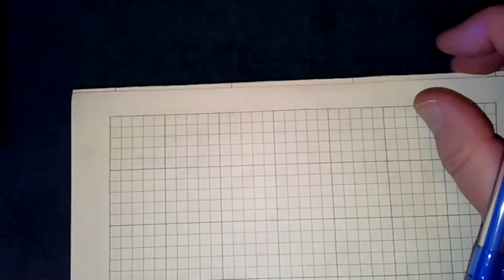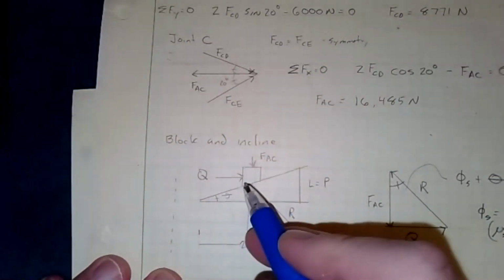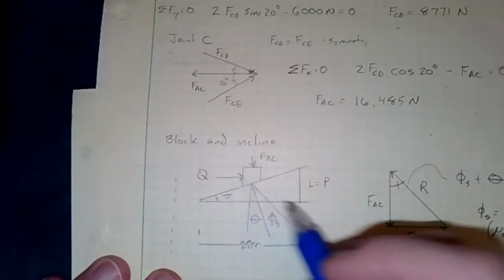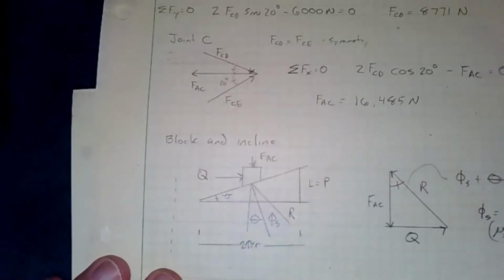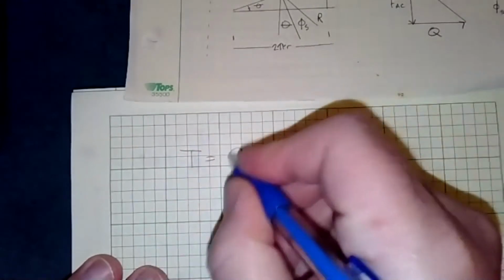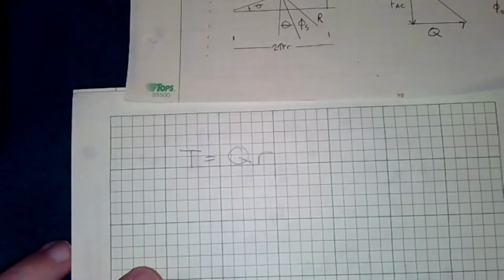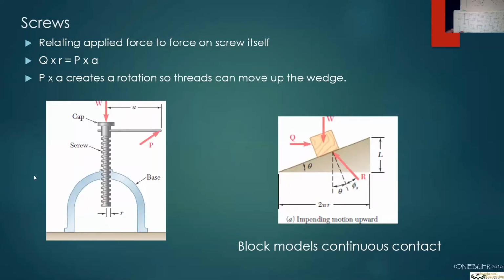So what does that mean? We go back to our diagram again with Q, we know it's pushing up, but we have to relate this back to a moment of rotation. So remember that the torque equals Q times R. How do we know that? Let's go back to this real quick. You see how it's force times distance.